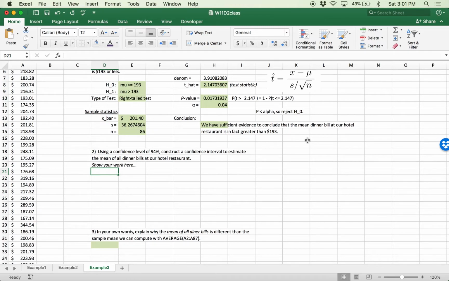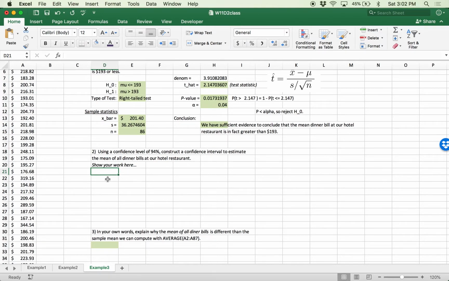Okay, for question 2, we're going to create a confidence interval with a confidence level of 94% for this mean of all dinner bills at our restaurant. So we've rejected the claim above, but maybe now we're admitting we don't know too much about this mean dinner bill, so why don't we construct a confidence interval for it? Again, pause the video and see if you can work out your solution, and then you can hit play again and get the final solution.